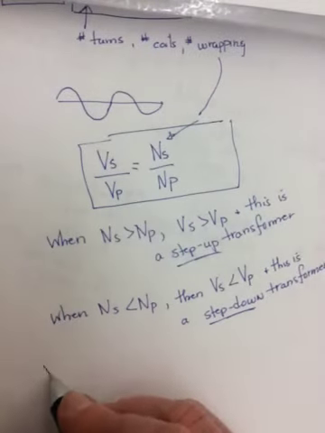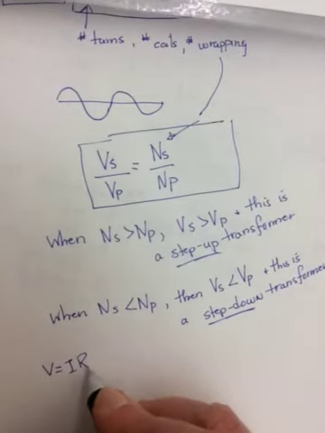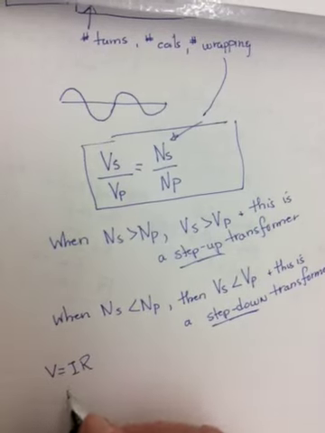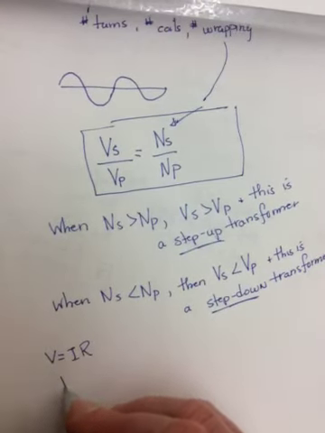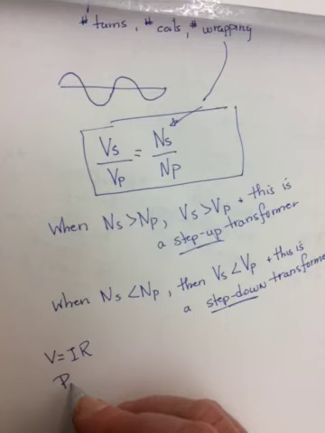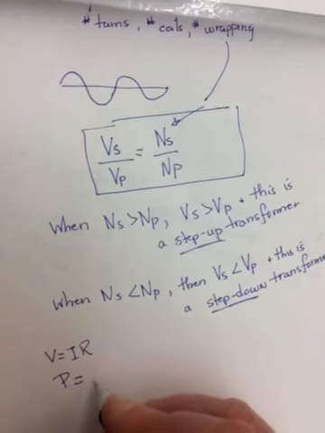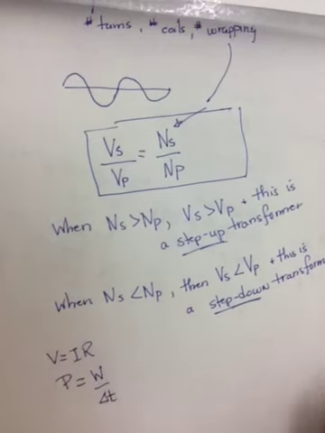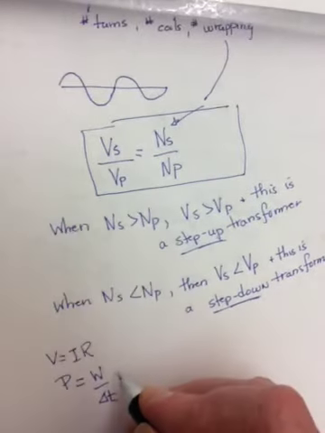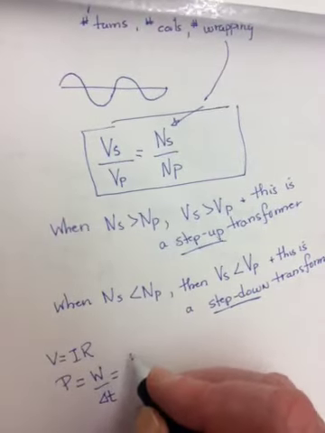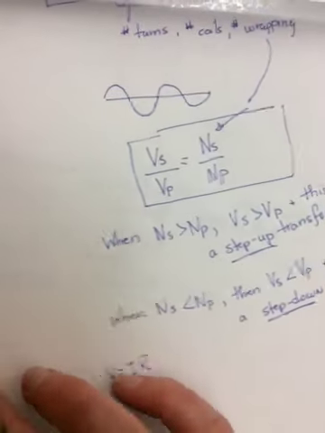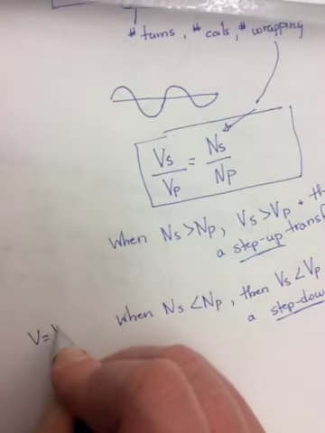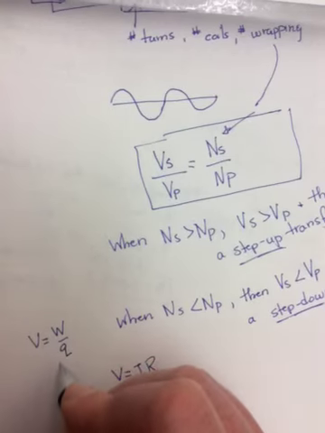Almost, because remember V equals IR. Okay, actually, and remember maybe from grade, no, you didn't learn it in grade 12 yet. Power is equal to work over time from grade 11. And we know voltage is equal to work over charge.